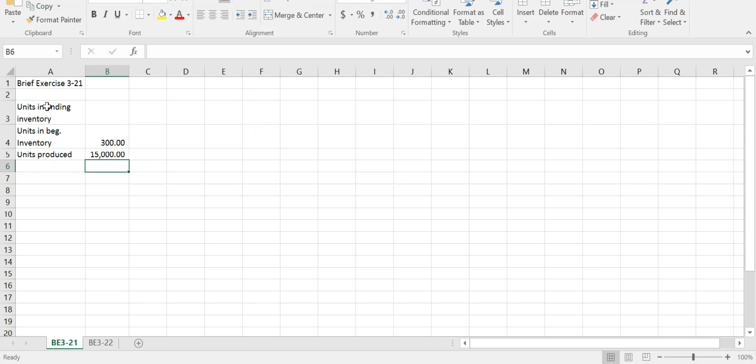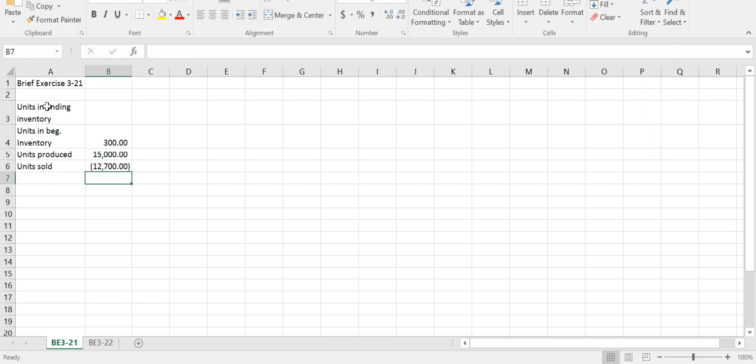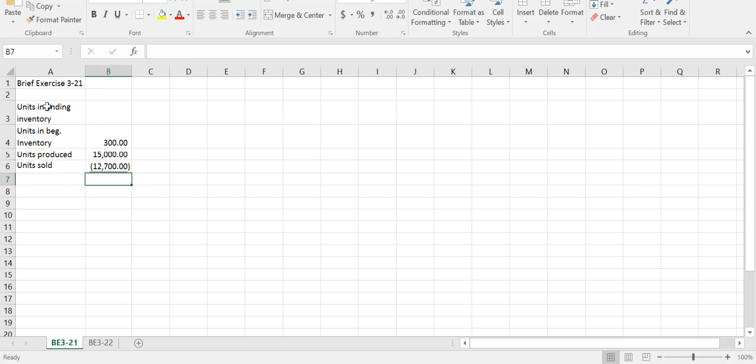There were 15,000 units that were produced, and then there were units sold, and that we sold 12,700 units. So we take our units that we started with, the 300, we add the units that were produced of the 15,000, and we subtract away the units that we sold in order to determine how many units we have in ending inventory. So we have 2,600 units in ending inventory.